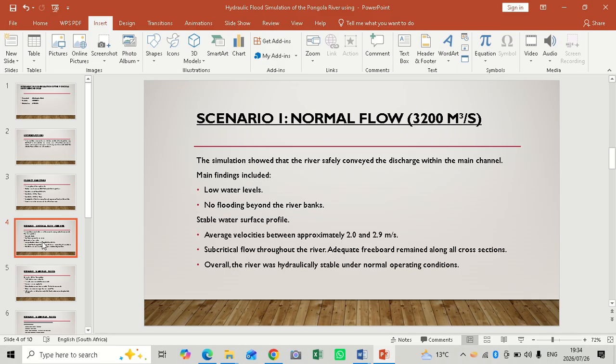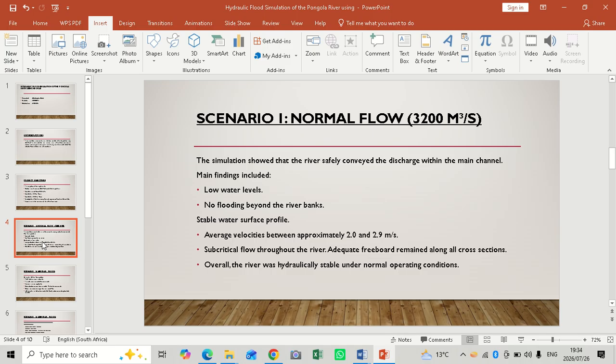So in scenario 1, the first simulation used a discharge of 3,200 cubic meters per second, and the results showed that the river was able to carry the flow safely within its banks, and water levels remained relatively low and no flooding occurred at the selected cross sections.